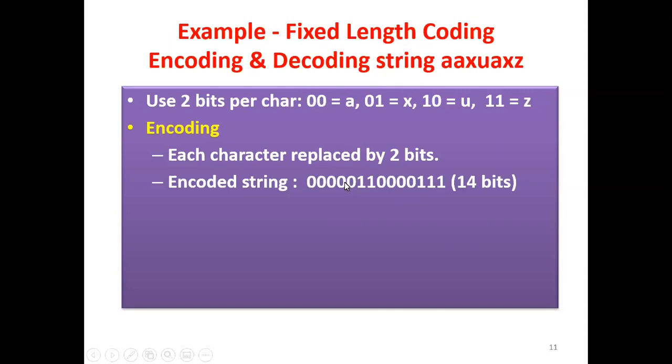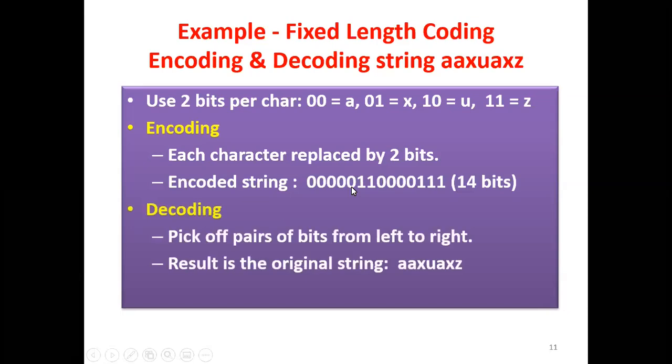Then the next one is X, which is 01. The one after X is U, and U is 10. Then we have A again, then X and Z. For us to encode this, we use 14 bits.